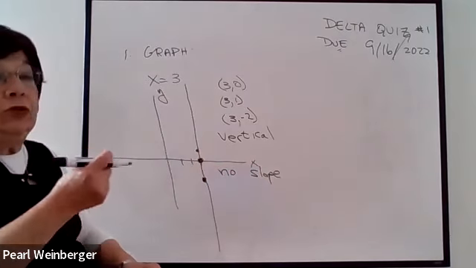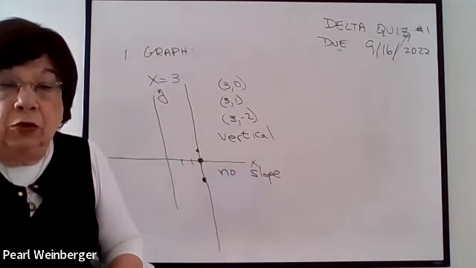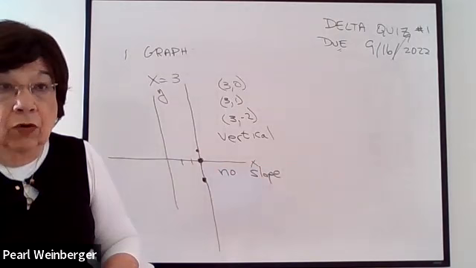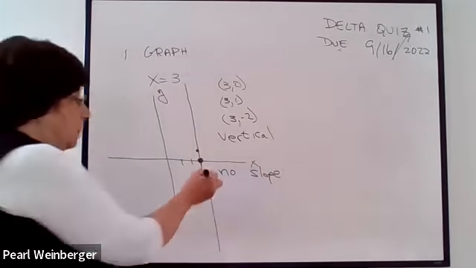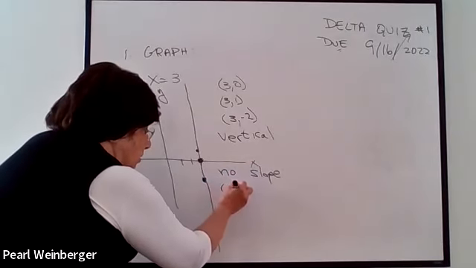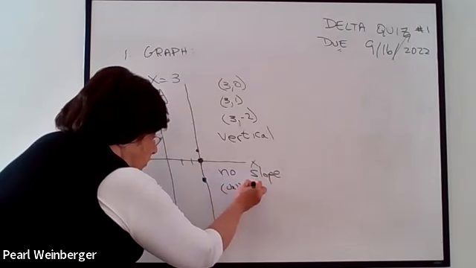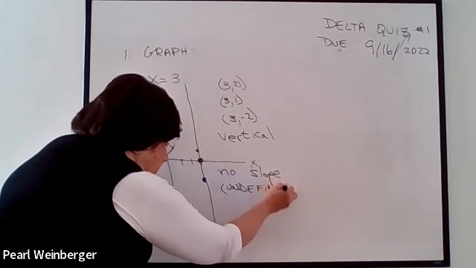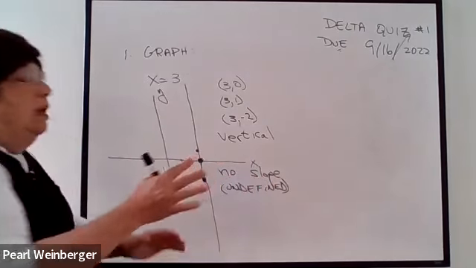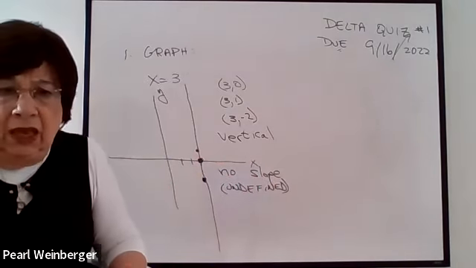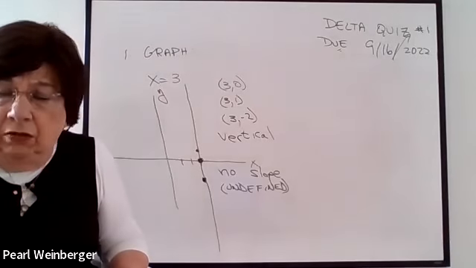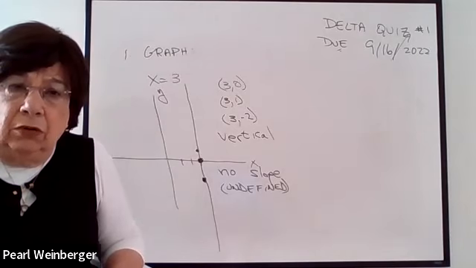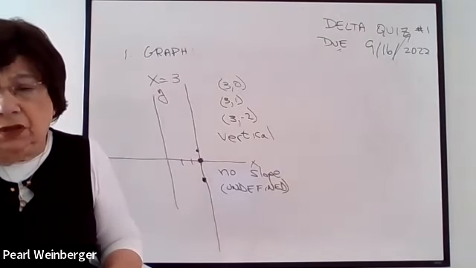To say it has no slope means the slope is non-existent or undefined. I'm sure you've heard that term before. When we talk about something not existing, the only kind of numbers that we can't use in the real number system is a fraction where a 0 is in the denominator.